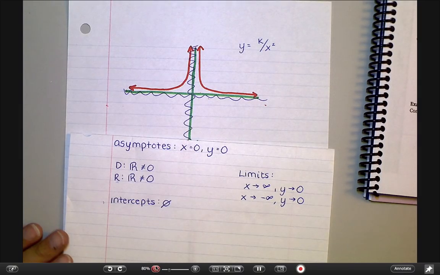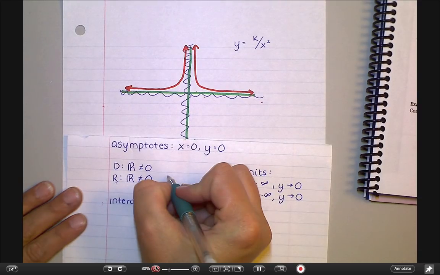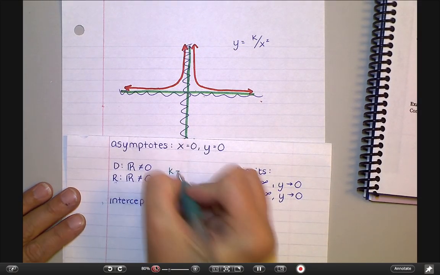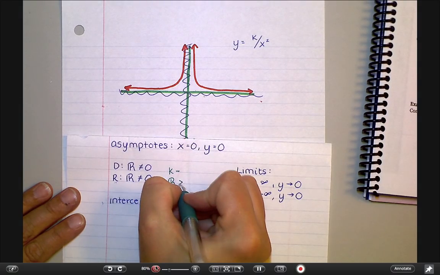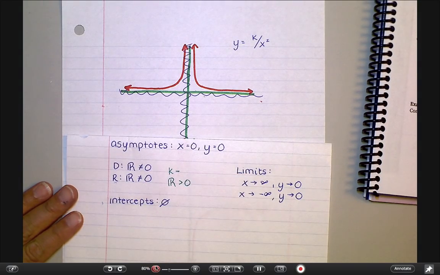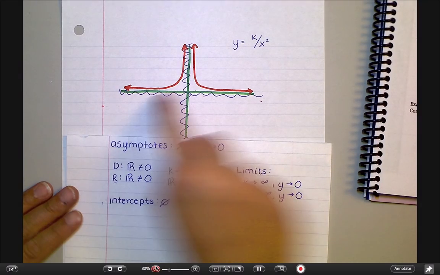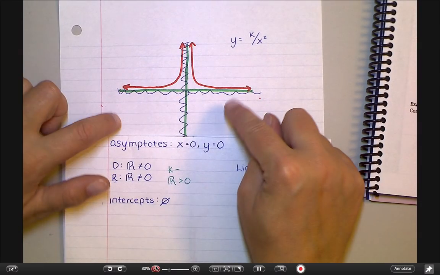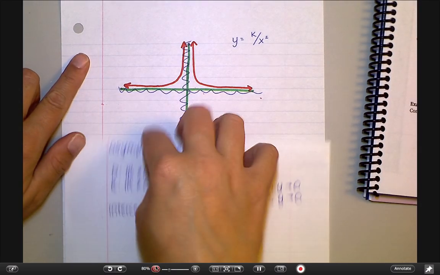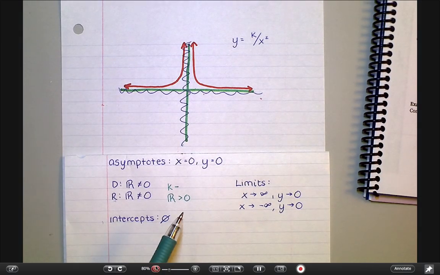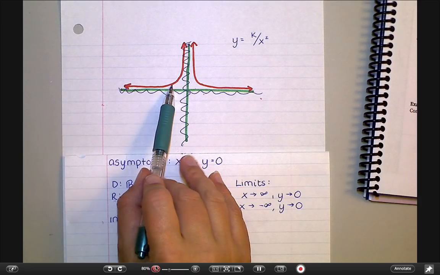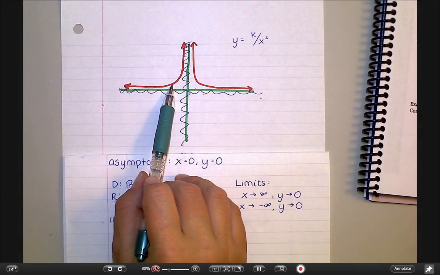Except now your range, so when k is positive, your range is going to be all real numbers above 0. Because notice both of your red branches here are up above 0. You no longer have anything heading downward. So we can't just say it's all real numbers except 0, because now this branch of the graph is up here.